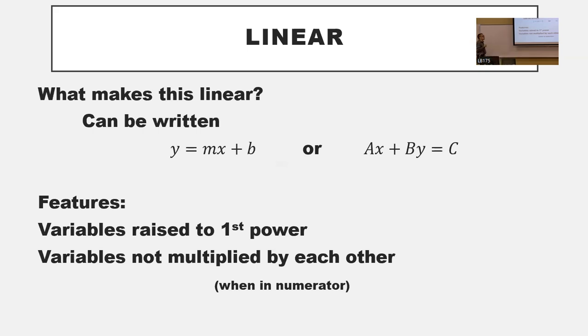So, what makes something linear? Well, there are a couple of different ways to think about what makes an equation linear. You can think of it as the way it can be written. If an equation can be written as y equals mx plus b, or if it can be written as ax plus by equals c, then it's linear.